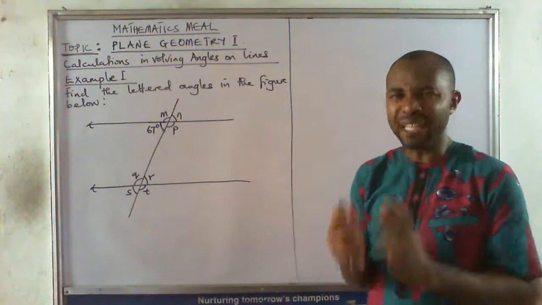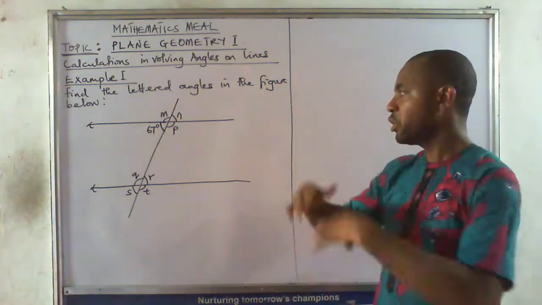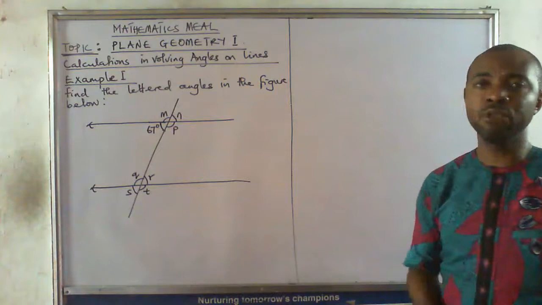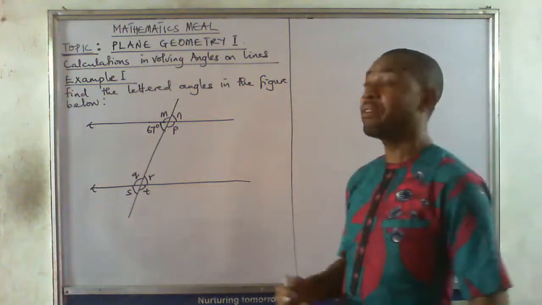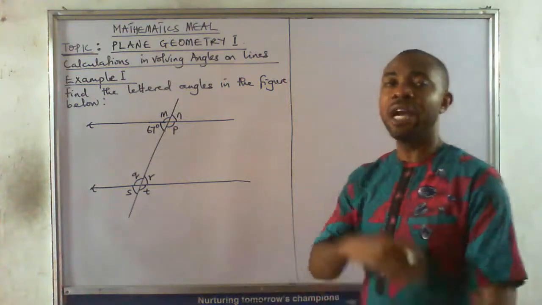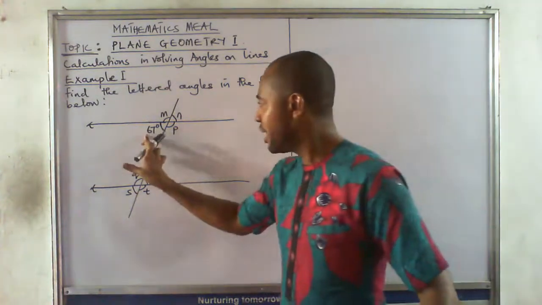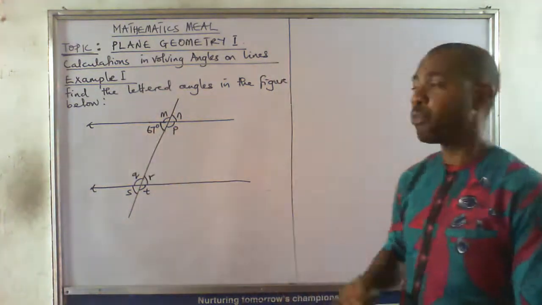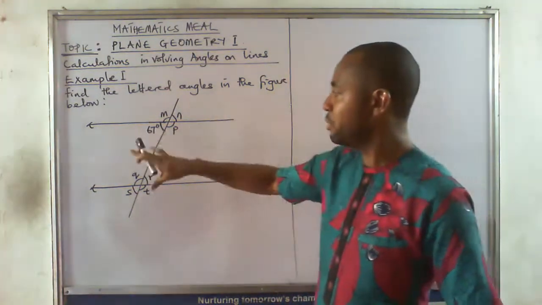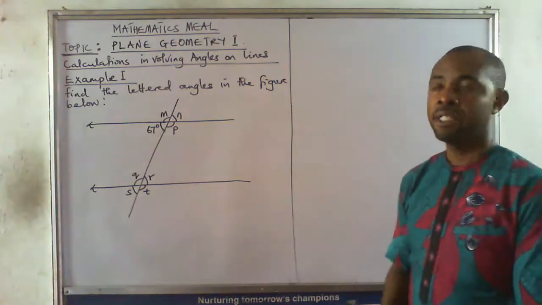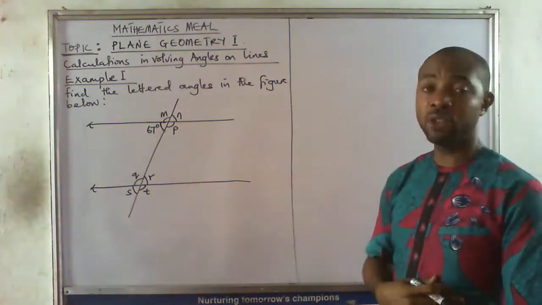You must establish a relationship. You cannot just start doing anything. There must be a relationship between them. You must establish that relationship between the given and the unknown angles. So the given angle here is 67 degrees. So we must establish a relationship between this angle and all other angles that we are required to calculate here.